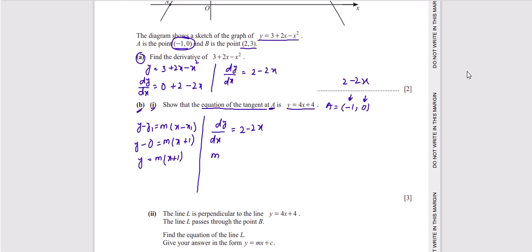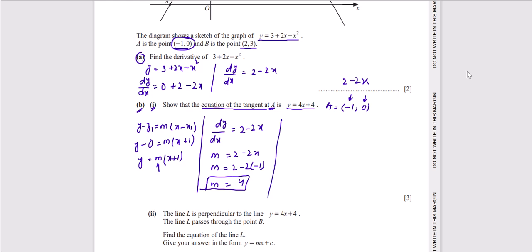M is the slope, is equal to 2 minus 2x. Putting the value of x, m is equal to 2 minus 2 times x, and the value of x is -1. So m is equal to 2 minus minus 2, plus 2 plus 2, 4. The value of m is 4.